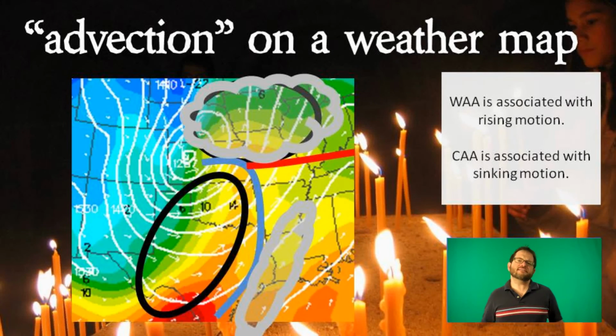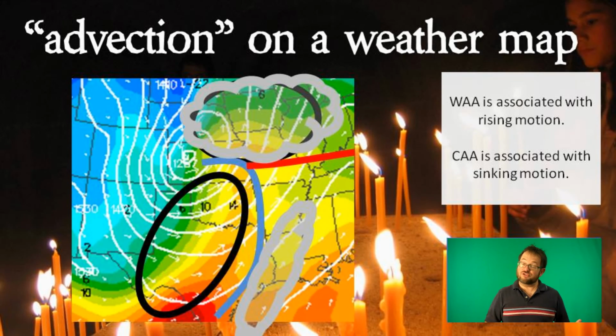Now, your lab manual says that warm air advection tends to be associated with rising motion and cold air advection tends to be associated with sinking motion. That's true. I would not have said that because I think it's a little more complicated than that, but broadly that's true. So if we have an area of warm air advection happening out ahead of the warm front, we're going to generally expect cloudiness out ahead of the warm front.